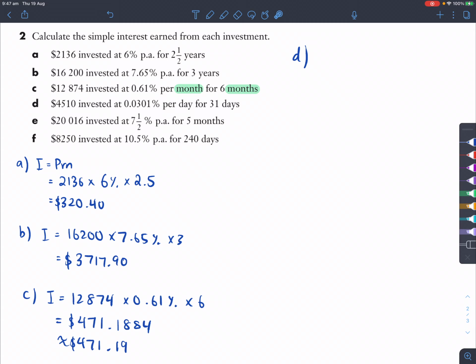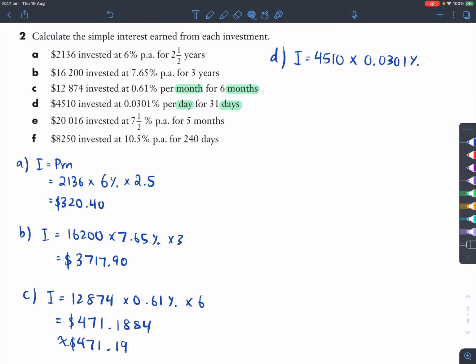Part D. We're still looking at a question where the time period is the same for both, so they're both days. I = PRN once again. The principal in this case is $4,510. We're going to multiply that by 0.0301% per day. That's a very, very low percentage, but because you're earning this every single day, it still adds up to become a big amount.